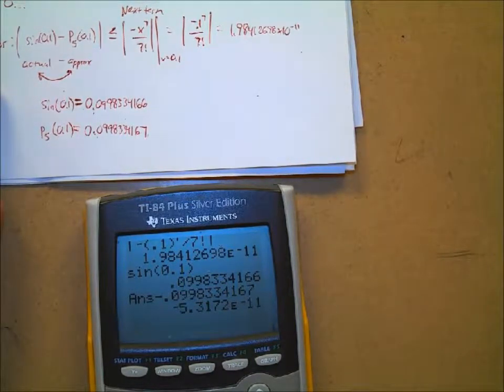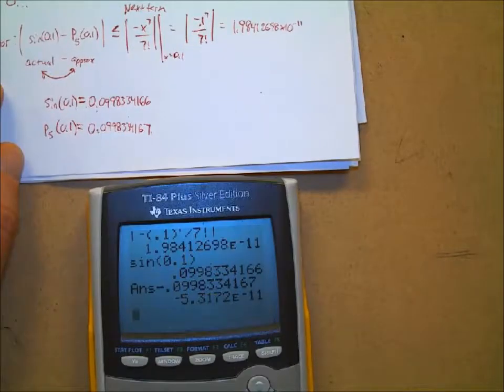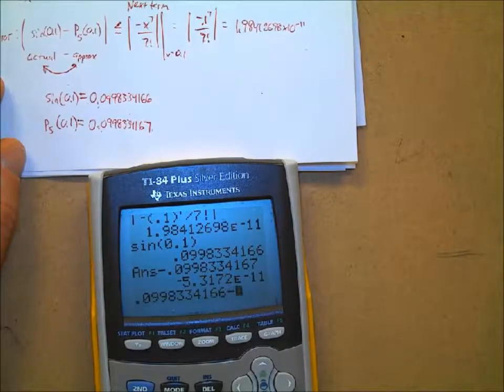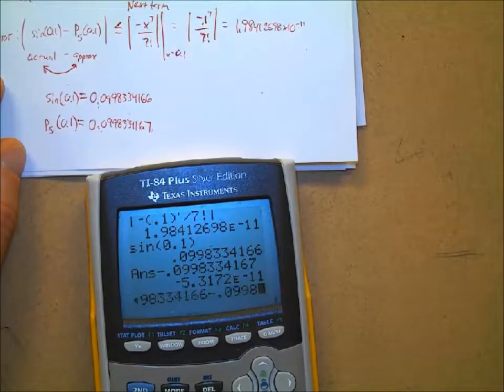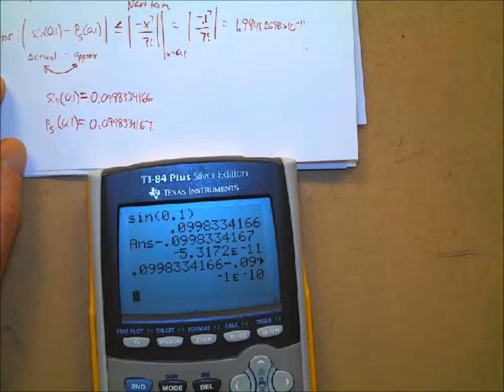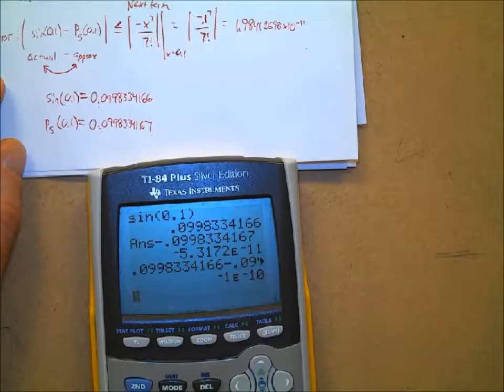I must have missed something here. Let me try that again. 0.099833416 minus 0.09983344167. So negative 1 e to the negative 10th. It's off by 1 times 10 to the negative 10th.